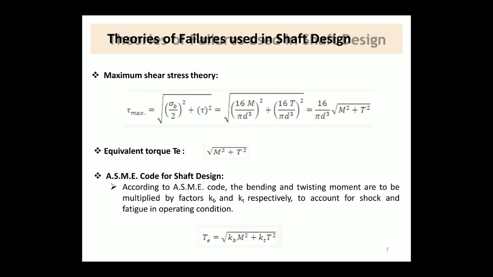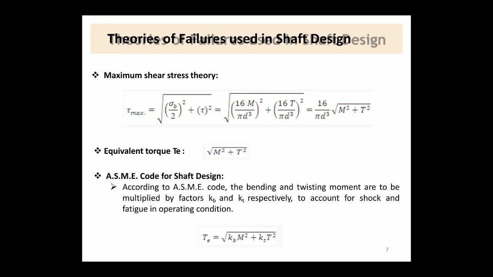There are many theories of failure used in shaft design. First we will see the maximum shear stress theory. When we design a shaft as per the maximum shear stress theory, we find the maximum shear stress induced in the shaft and equate it to the permissible value of shear stress for the material.